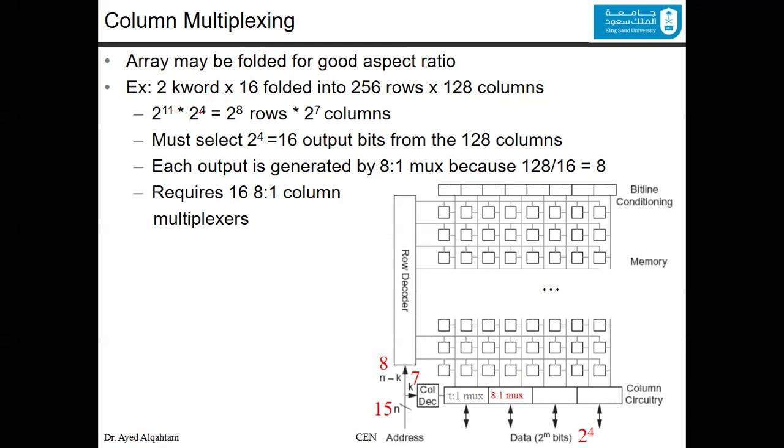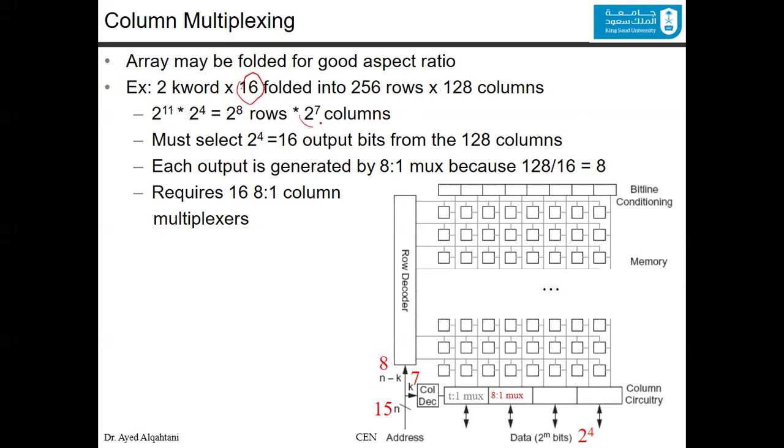Now, you make it as square as possible by dividing the total by 2. So now this is 15. You can divide it into 8 and 7. We chose that to make 2 to the power of 8 rows, and that's 256, and 2 to the 7 columns, and that's 128.